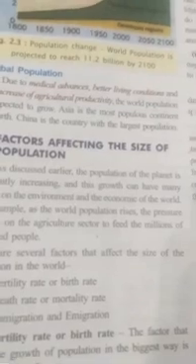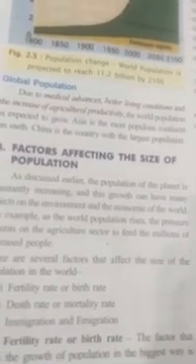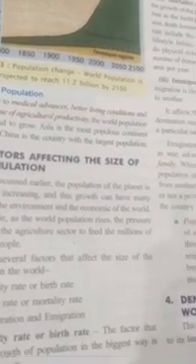First of all, fertility rate, which is also known as birth rate. The factor that affects the growth of population in the biggest way is the fertility or the birth rate. The fertility rate is typically measured by the number of children per one woman of childbearing age.